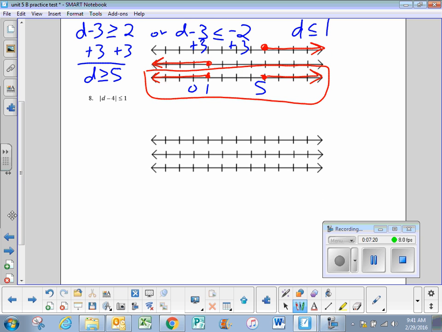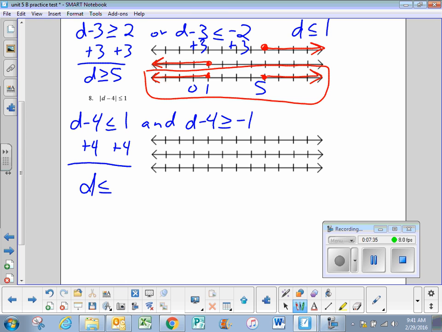Next one. It's going to be an and because it starts out as less than or equal to. So d minus 4 is less than or equal to 1, and d minus 4 is greater than or equal to -1. Notice that we do the same thing every time, pretty much. D is less than or equal to 5, and add 4, D is greater than or equal to 3.